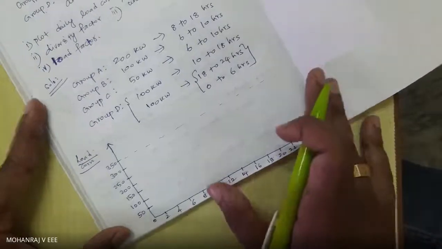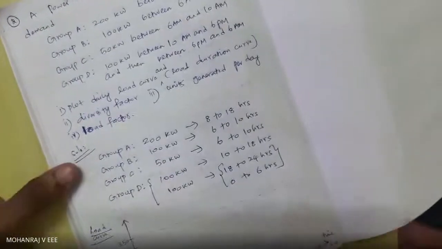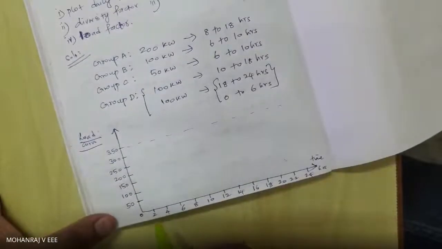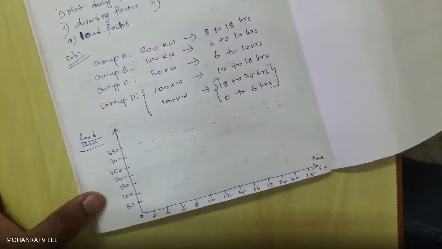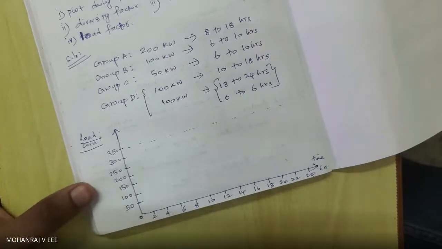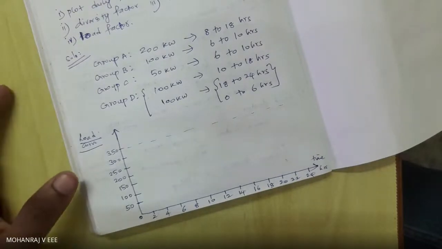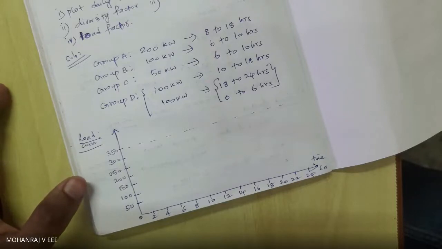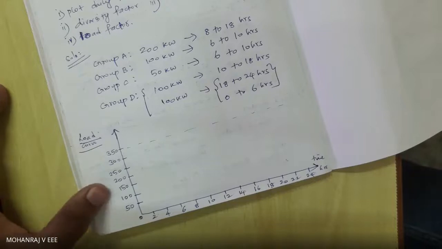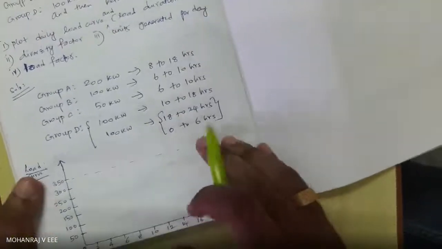Now from 0 to 2, what is the load? So that we should see. We don't have group A, B, or C load, but in group D we have 100 from 0 to 2.